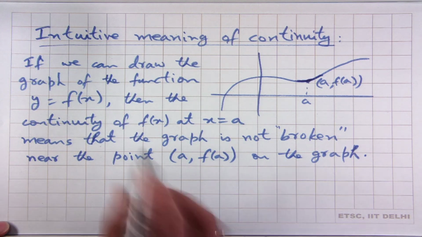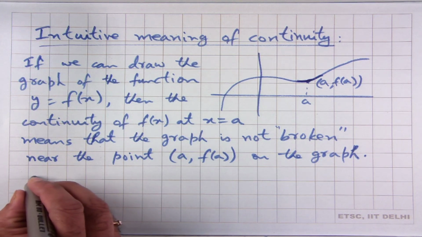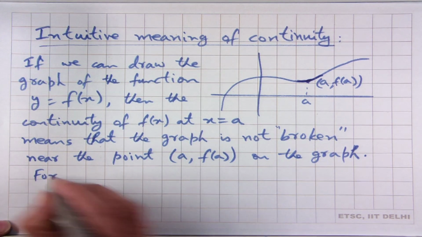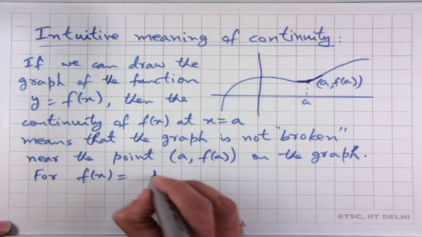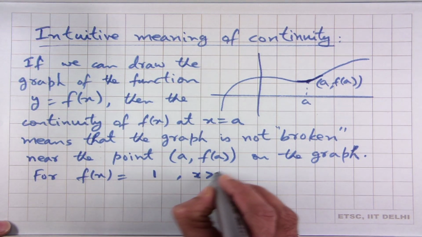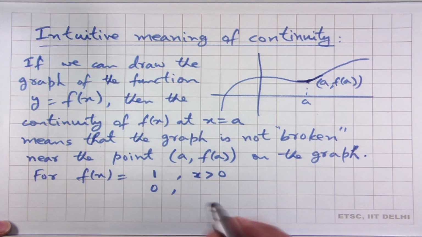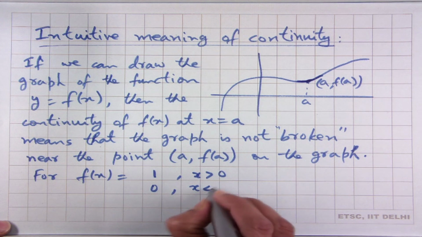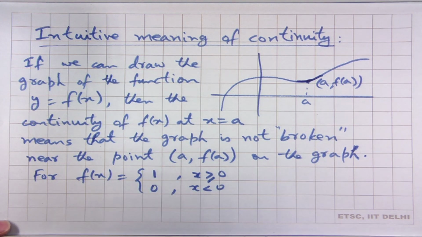So, for example, for the previous example, f of x equal to 1 for x greater than 0 and 0 for x less than 0, or we said for x greater than or equal to 0 it is 1.